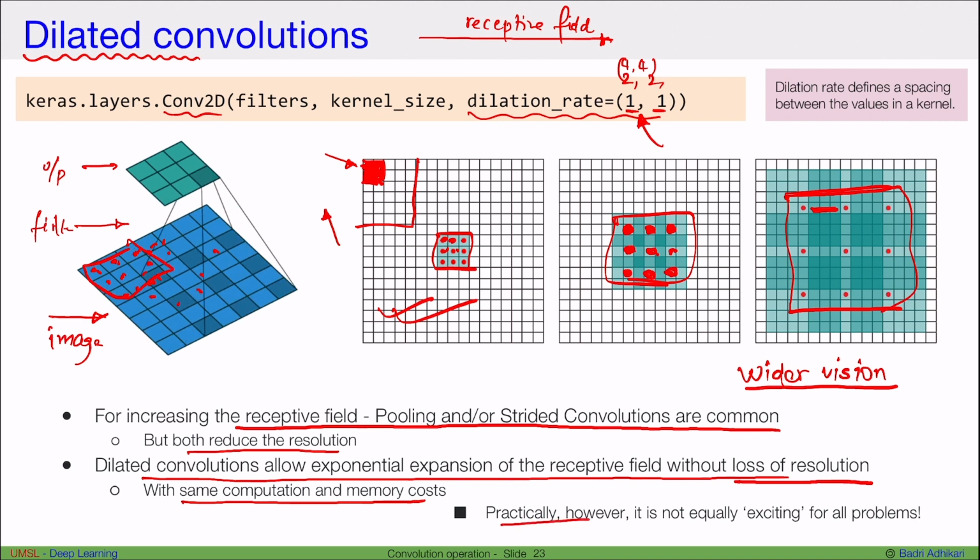Now, practically, however, it is not equally exciting for all problems. For certain problems, dilated convolutions work way better, and for certain problems, they're not as great as you would expect them to be.